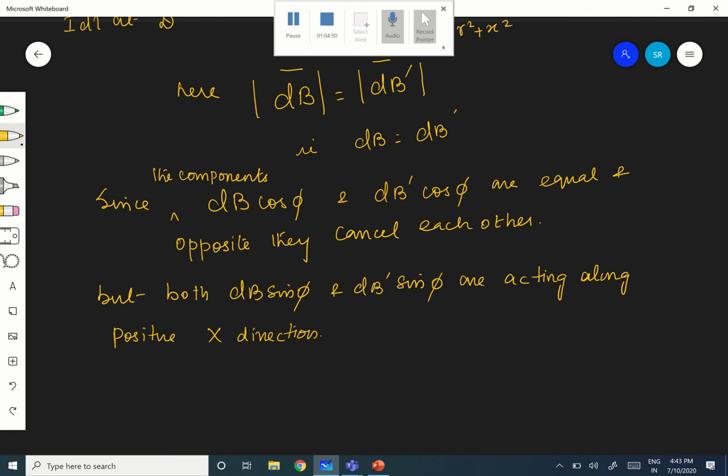All the sine components will add up because all are acting in the positive x direction. If you add, then you will get the net field at P due to the full current carrying coil.